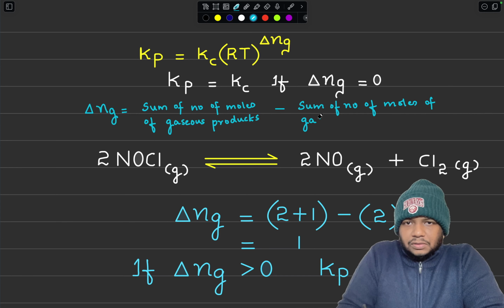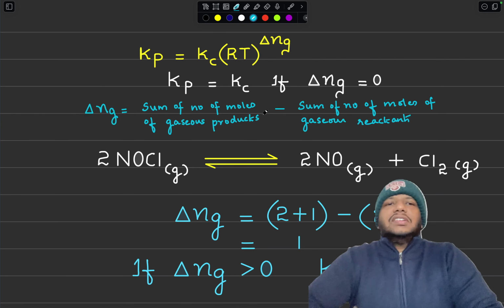That is very important, so that's why I'm even writing this: gaseous reactants. So don't consider non-gaseous things here while considering delta Ng.